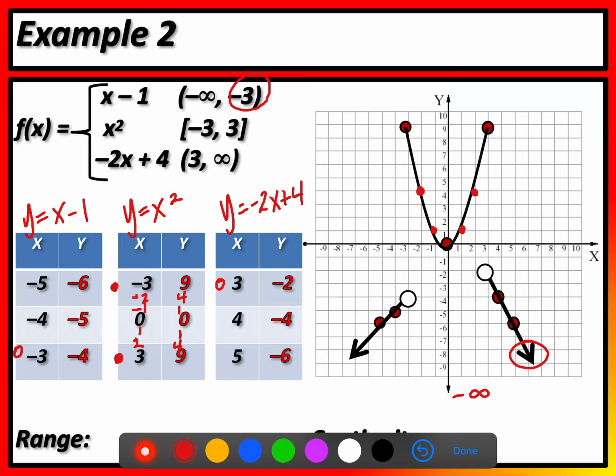So I'm going to start my range negative infinity, and I'm going to follow these functions, these two on the sides here. Okay, these are what I'm analyzing right now, and I want to see what y values they are covering. Okay, so it's everything from negative infinity up, up, up.